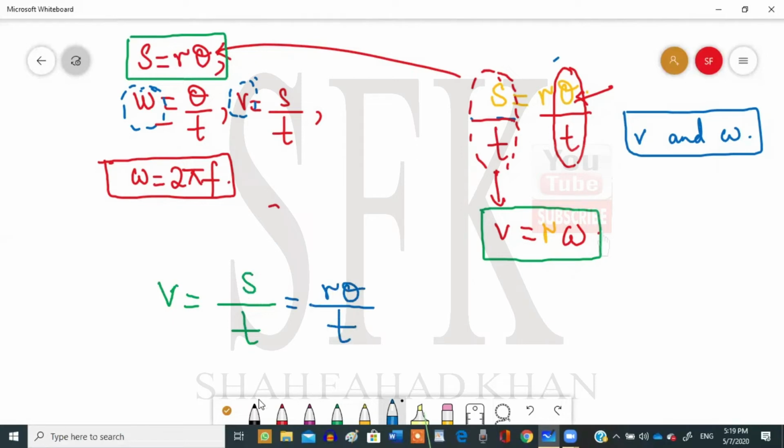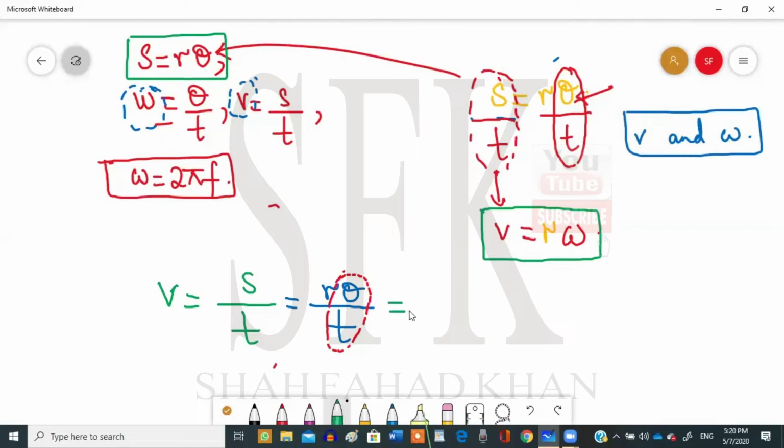Now in this formula, this theta upon T, what does that represent? This theta upon T actually represents your angular velocity, omega.